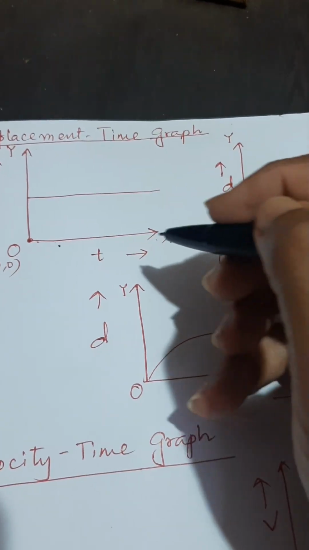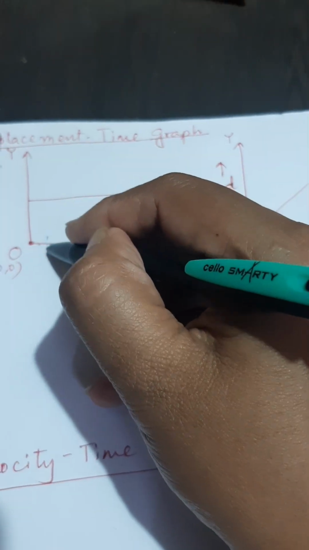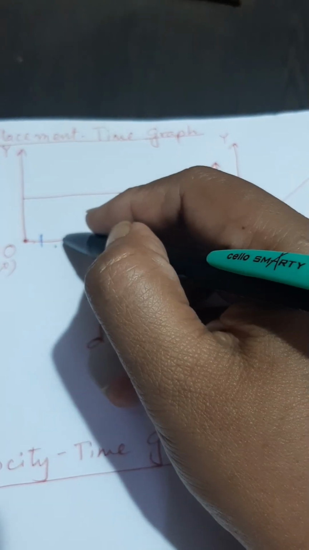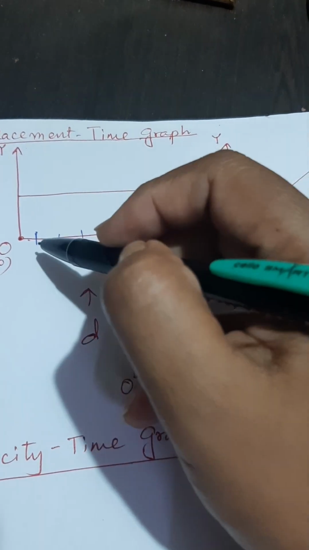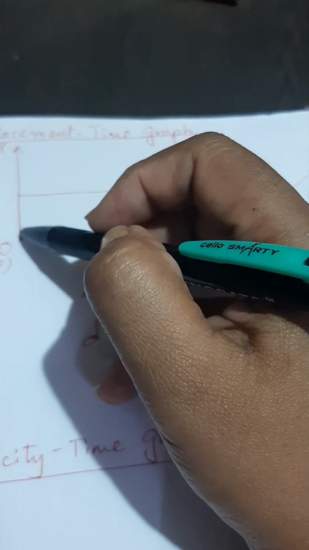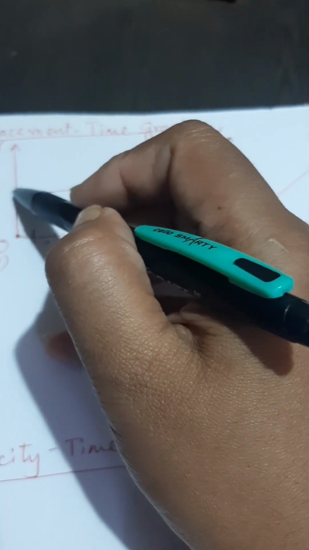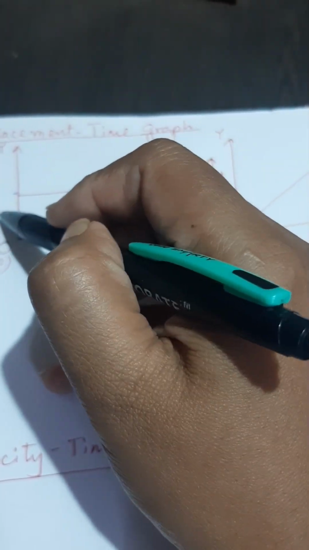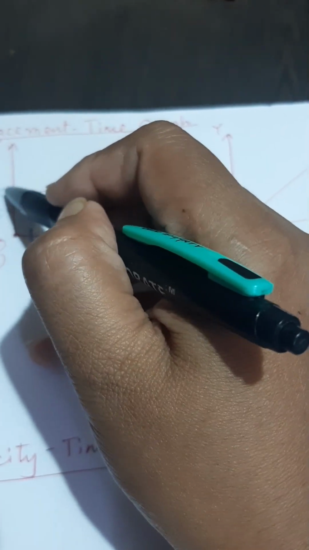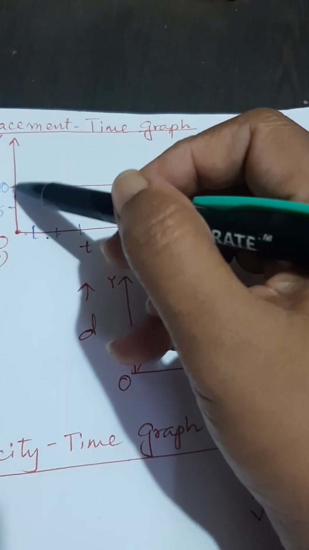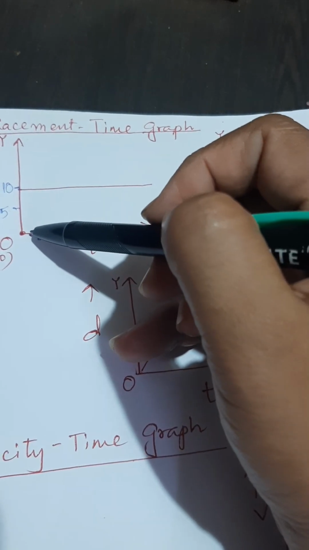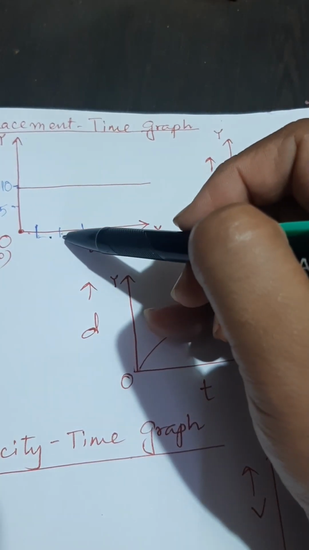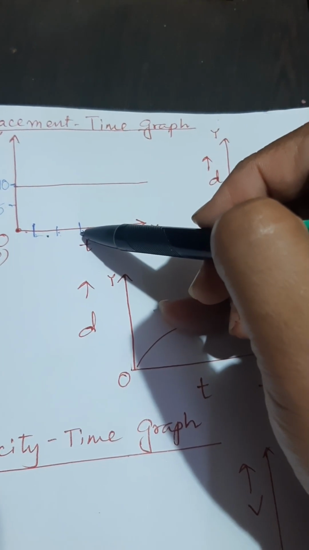If I am going to draw it like this, if this is time t second, t1 second, t2 second, t3 second, at all the times the object is at the same distance. Suppose this is 5 meters, this is 10 meters. The object is at 10 meters distance from some reference point, even at 1 second, even at 2 second, even at 3 second.